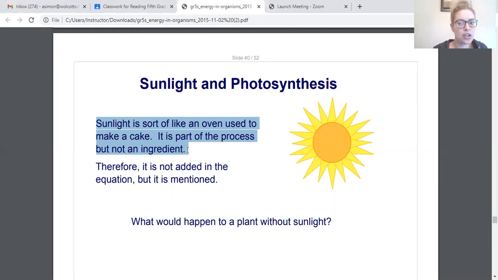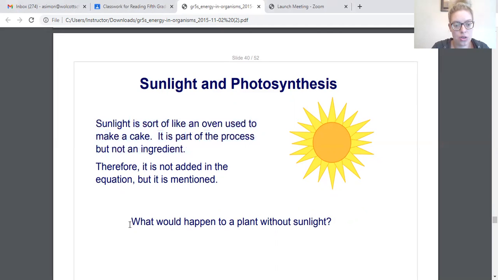Without the sun, you wouldn't even need the carbon dioxide or the water because the process would not happen. So even though sunlight is not part of the equation, it is the most important thing, because without sunlight, photosynthesis would not happen, just like without an oven, the cake would not be made.